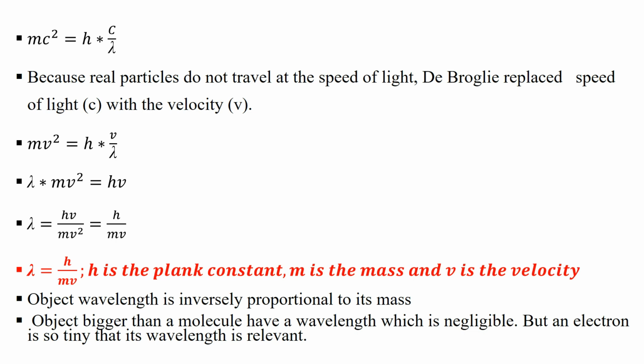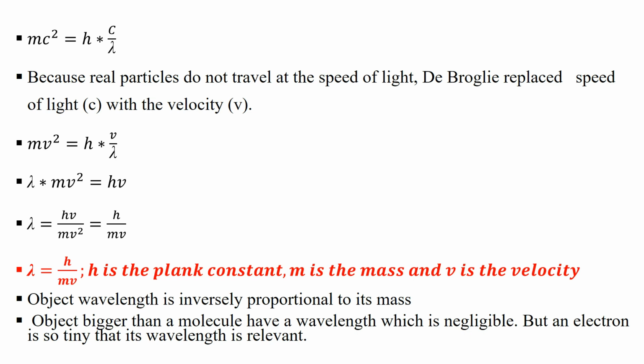Looking at that equation, if an electron is very small, this small mass will contribute to a bigger, recognizable wavelength. But for big objects, they will have a high mass, and having a high mass reduces the wavelength, as you can see in that formula.